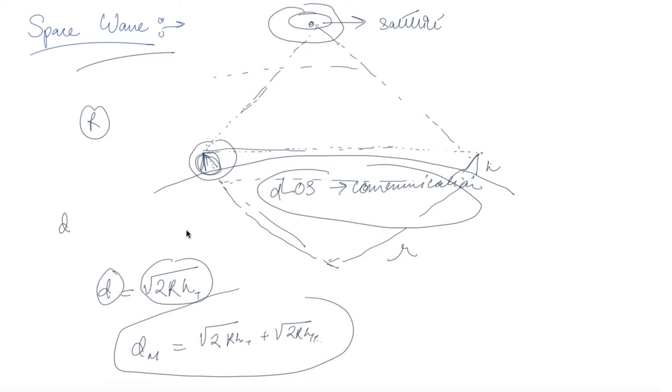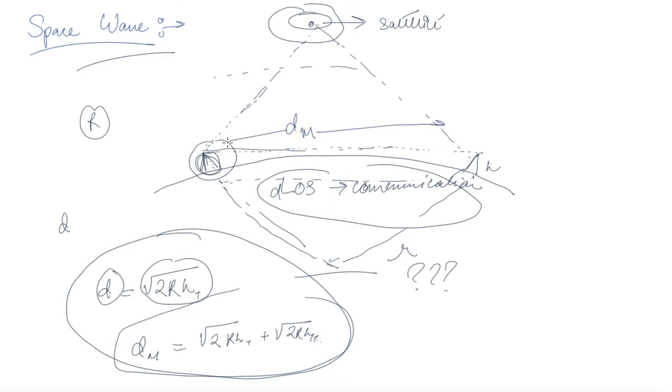Now what does this calculation tell us? What is the purpose? What is the maximum distance of the horizon where you can transmit signals if you have a height of h?